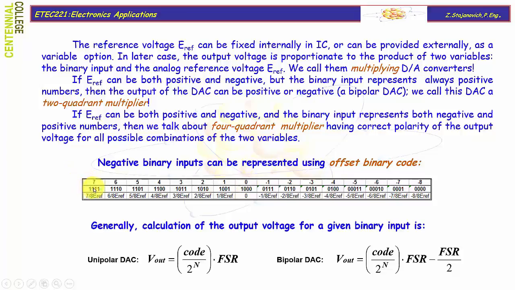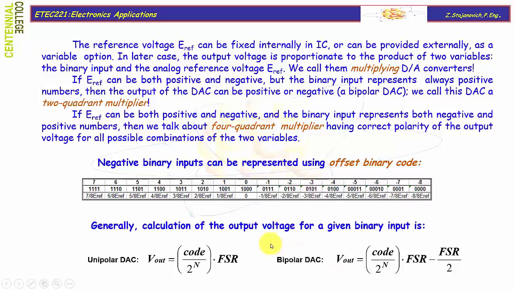In this case, 1, 1, 1 will designate the maximum positive number, which is 7, and 0, 0, 0 will then designate the lowest negative number, which is negative 8.